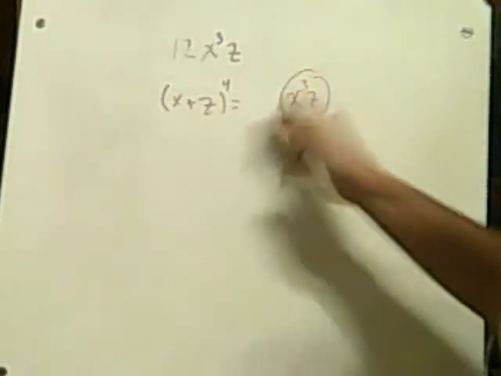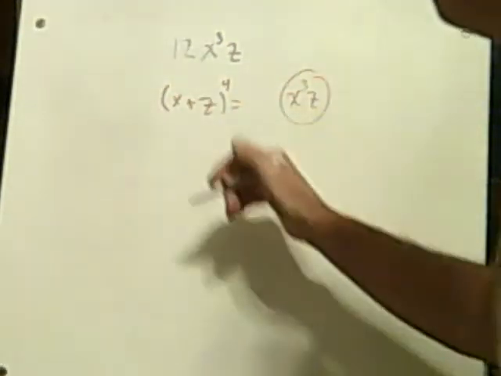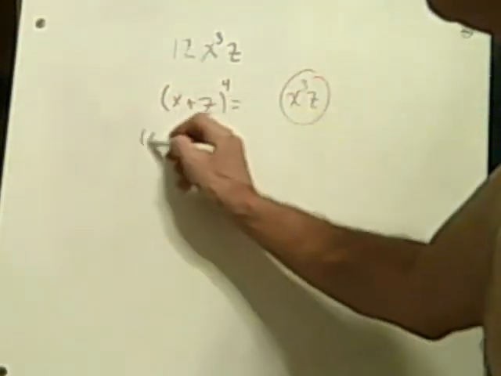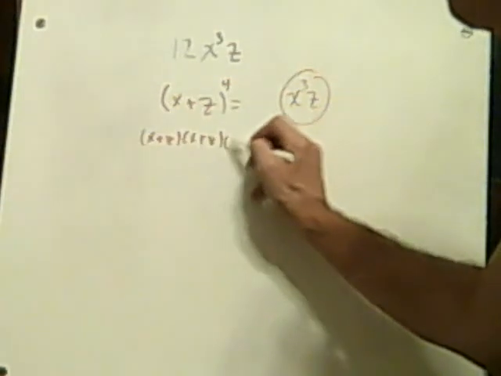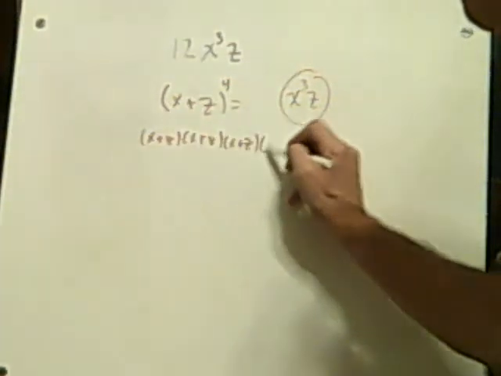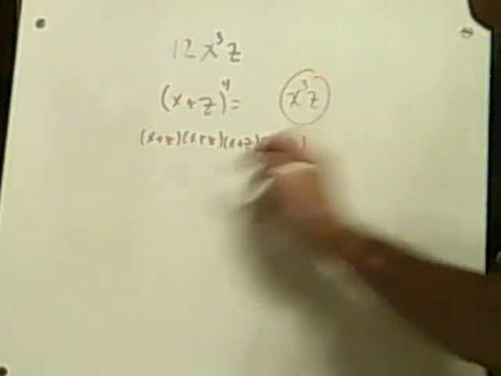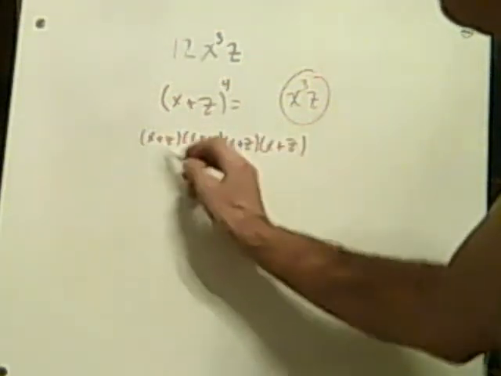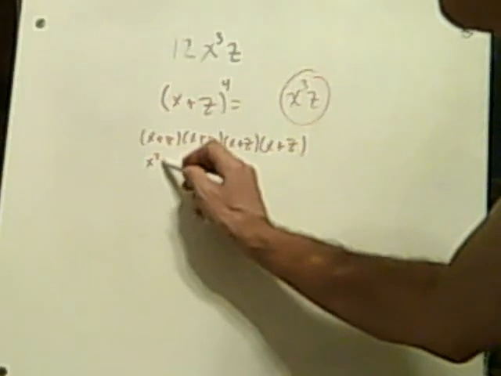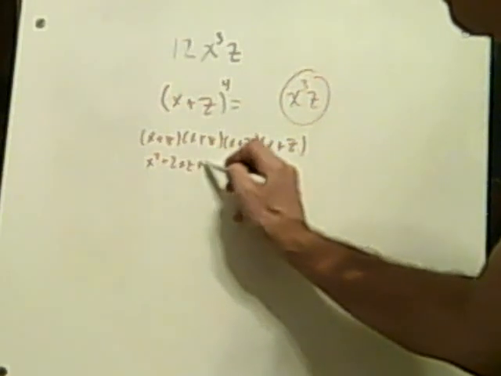Because x plus z to the 4th is x plus z times x plus z times x plus z times x plus z. If you use the distributive property repeatedly, this first pair becomes x squared plus 2xz plus z squared.